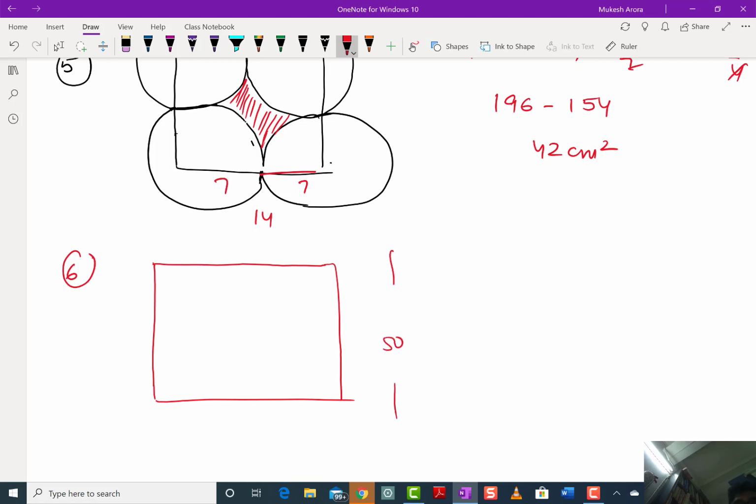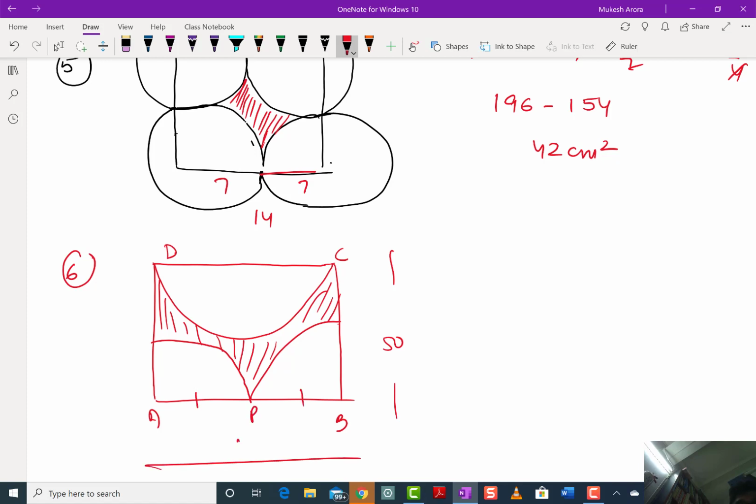This is 50. Find the area of the shaded region. And A, B, these are equal. This is 40.